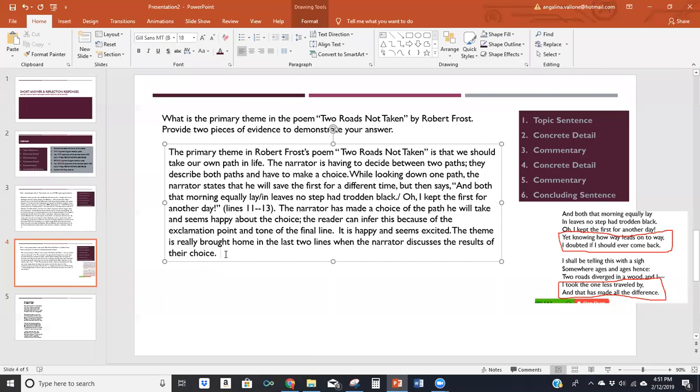Okay. The narrator states, "I took the one less traveled by, and that has made all the difference." And then that is going to be lines 14 and 15.